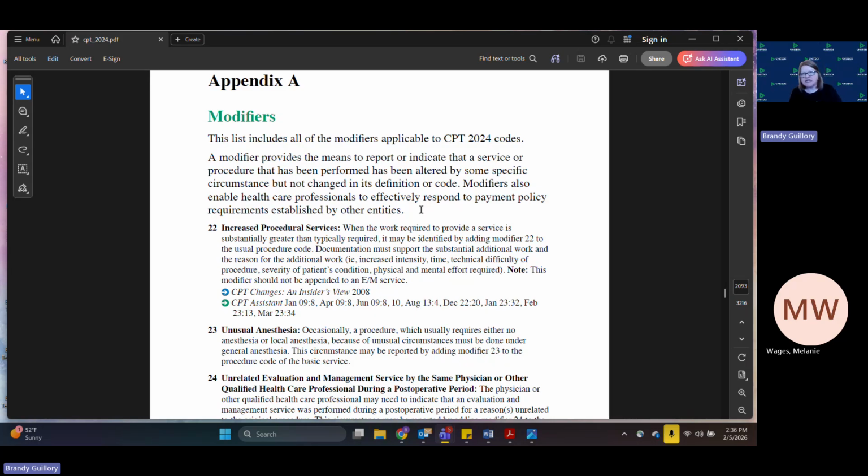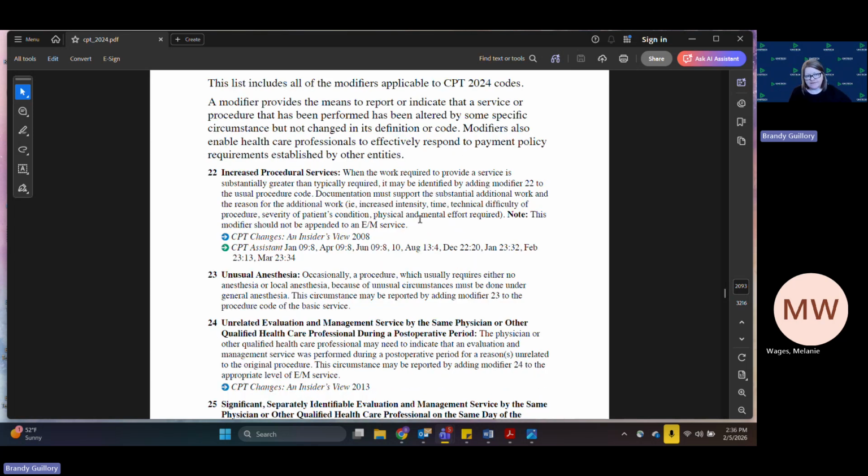Those are the other entities, and the government is the other major entity that we have to answer to and follow the standards, right? So here's your list. They go into great detail about each one.